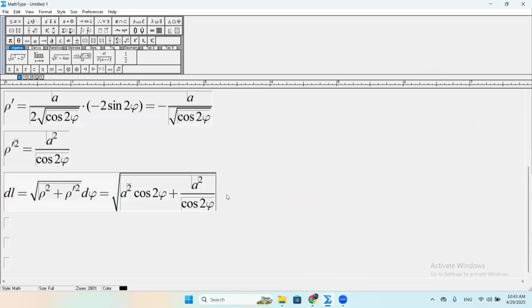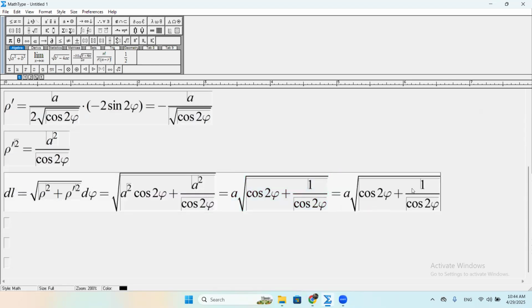Let me expand. Okay, and let's see what can we simplify. I can move a out of brackets, first of all. And now, cosine square of 2 phi plus 1 over cosine of 2 phi.